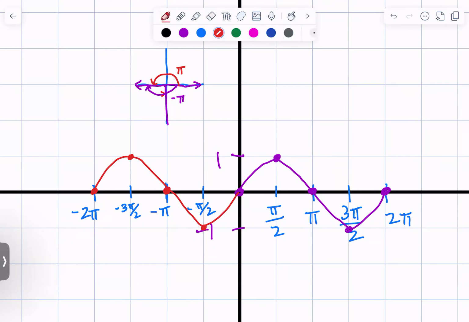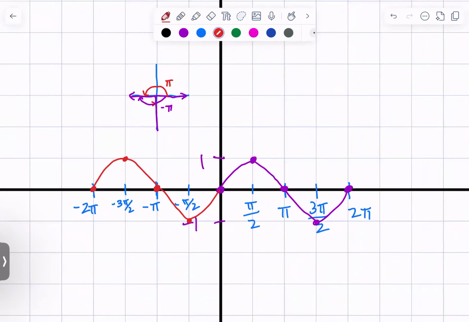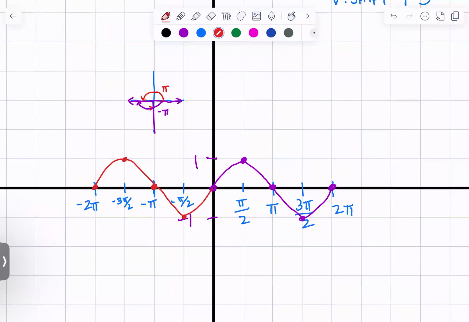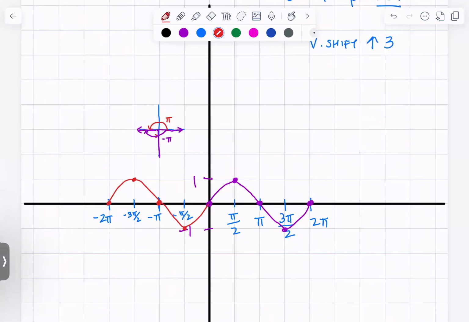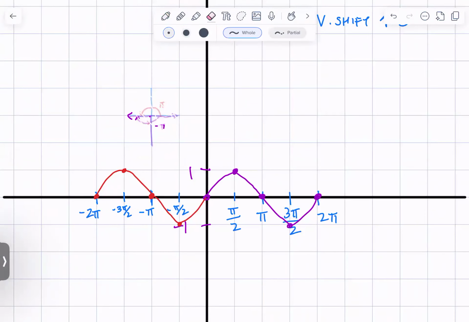That's what makes it graphically an odd function. It's symmetrical 180 degrees about the origin. Okay, so I graphed two periods of sine.